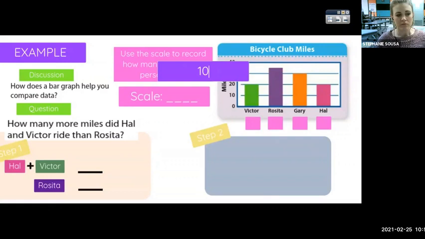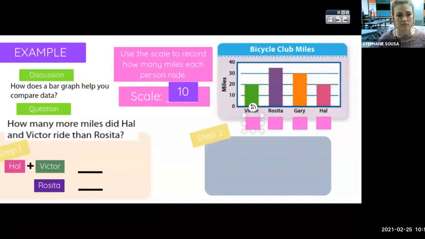Now that I know my scale, I can easily find how many miles each person rode and record that in these boxes. Victor here goes up to this line, and that is 20. So he rode 20 miles. Rosita, I can count up 10, 20, 30.